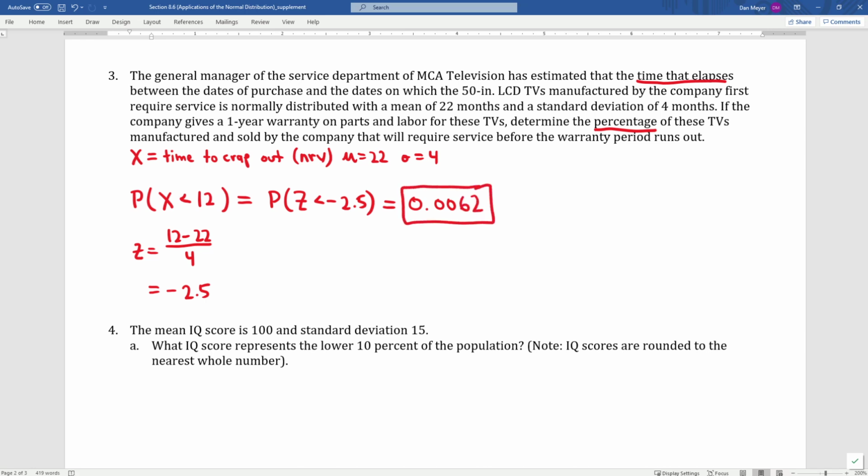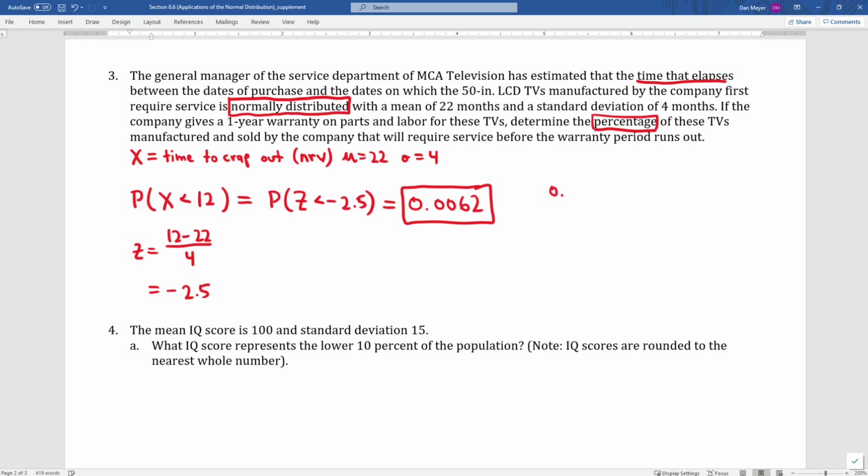So yeah, once reading the story here and determining what we want, from a test taking or Math 135 meta perspective, we're looking at a normal random variable here. Oops, I almost forgot. They didn't ask us for the probability. They want a percentage.